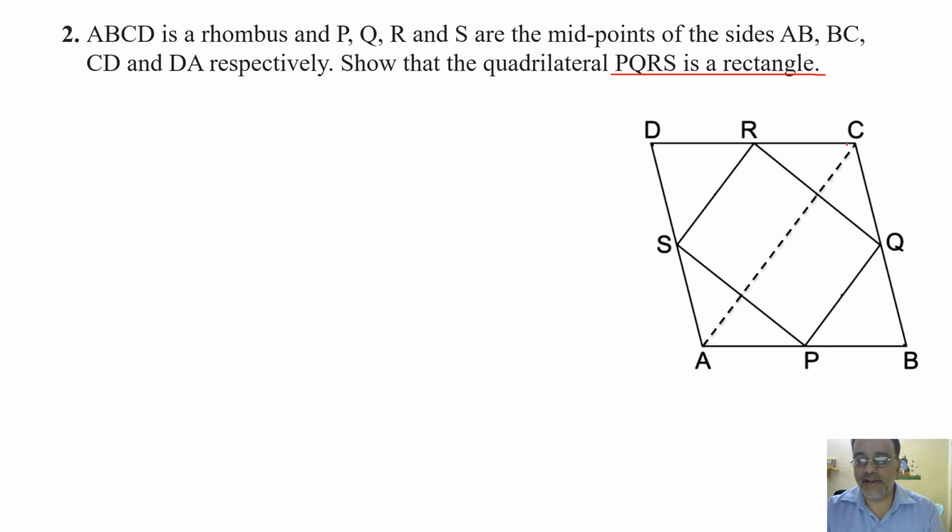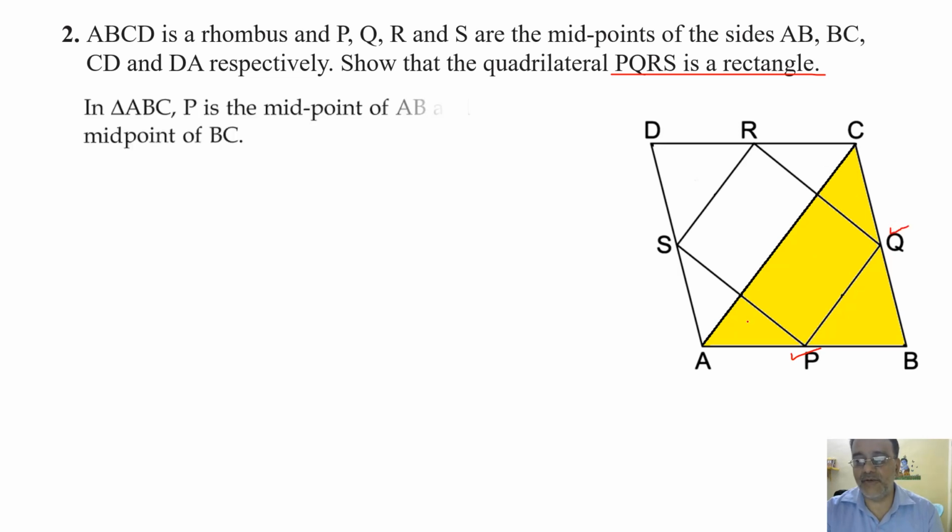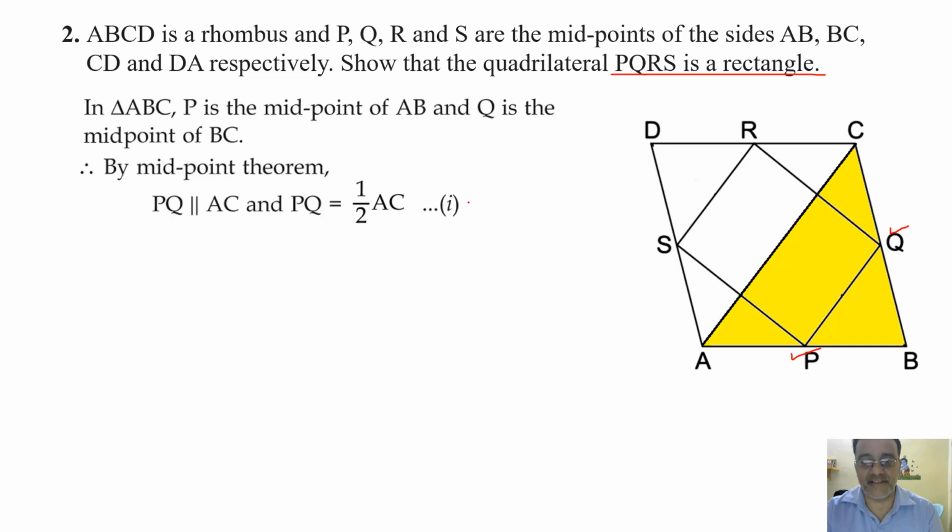So first we will draw the diagonal AC. Now in this triangle ABC, P is the midpoint of AB and Q is the midpoint of BC. So PQ is parallel to AC and PQ is half of AC by midpoint theorem. Let it be equation number 1. Similarly in this triangle, the green one, S is the midpoint of AD and R is the midpoint of CD.